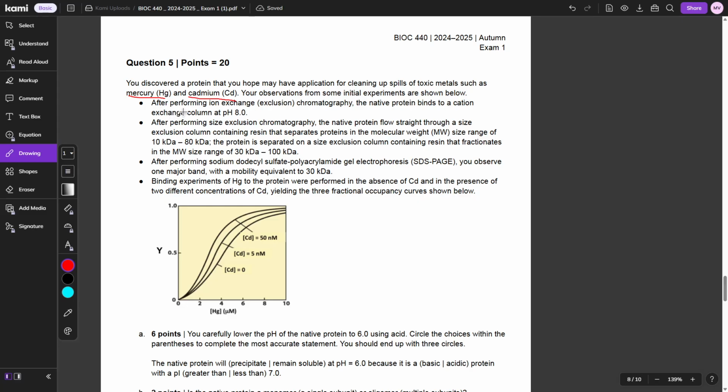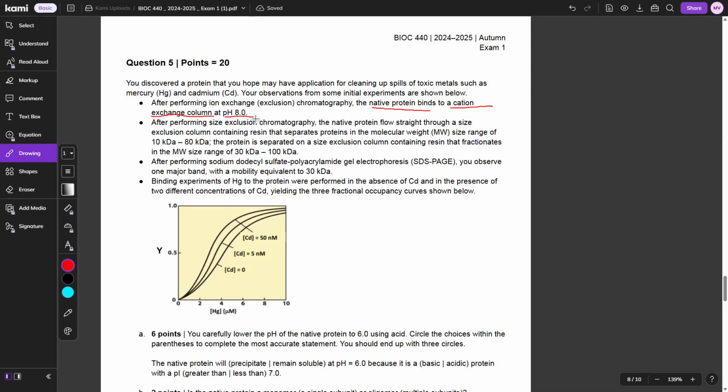You do some experiments: ion exchange and size exclusion chromatography. This is the important part. The native protein binds to the cation exchange column at pH 8. So what does that mean? The protein is positively charged at pH 8, because with cation exchange, we're exchanging the cation.